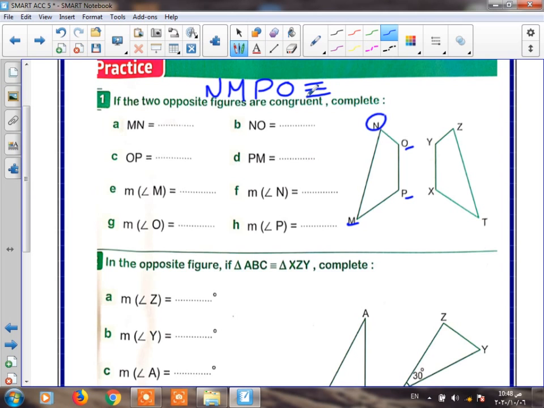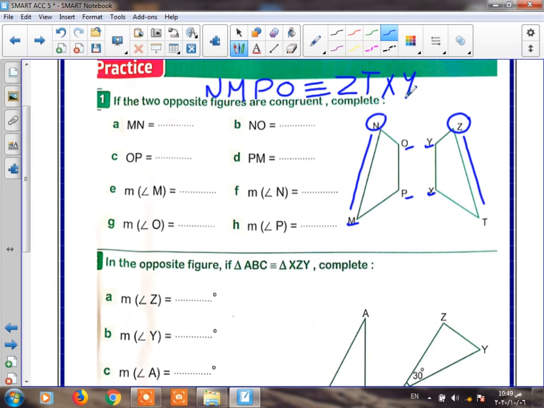We start from N and take the lower side. It is the same with the other polygon: I will start from Z and take the same direction, Z, D, X, Y, in the same order as the first one. So again you have NBO congruent to ZDXY in the same order.